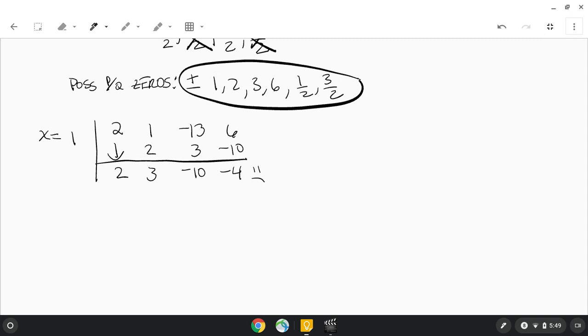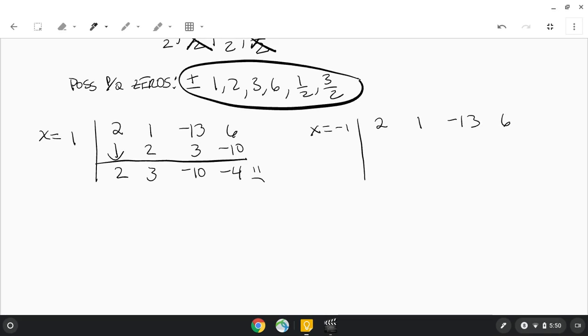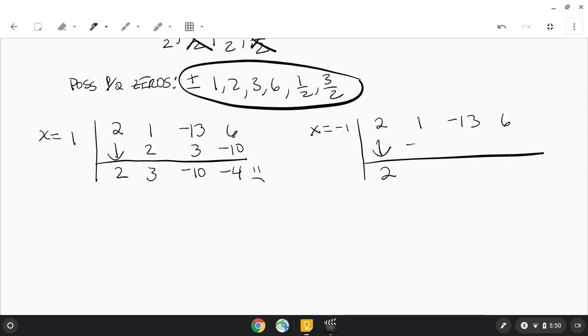Okay, so let's try -1. Fingers crossed. 2, 1, -13, 6. Bring down the 2. 2 times -1 is -2.